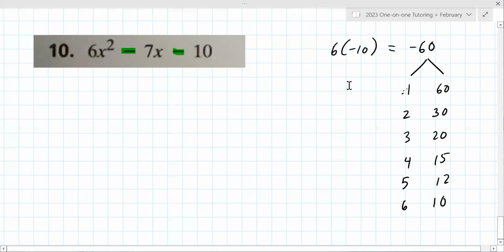Now you can play with the signs later. What I mean is, you can look at these and be like, well, that one's positive, that one's negative, or vice versa. But they tend to be down here further on the list in general. So, is it negative 5 and positive 12, or is it positive 5 and negative 12? That's how you should be looking at it from here.